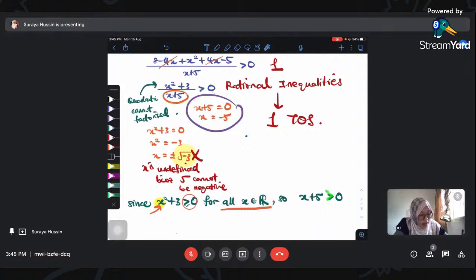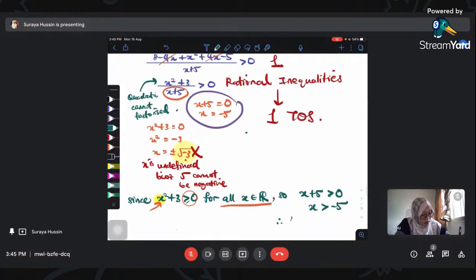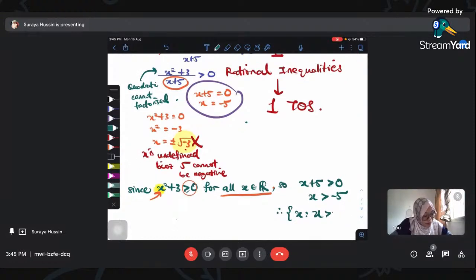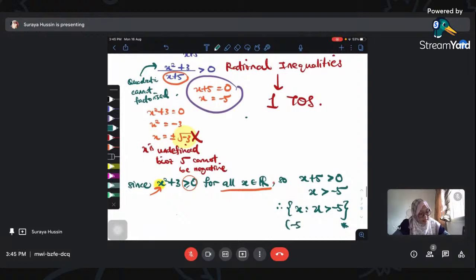Cannot. That's why lah dia letak more than sahaja. And then you selesaikan, you akan dapat tada! And this is actually your answer. Tanpa TOS, kamu juga boleh dapat jawapan. Negative 5 to infinity is your answer.